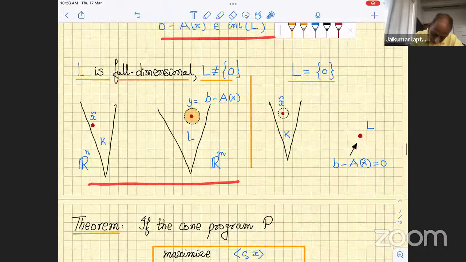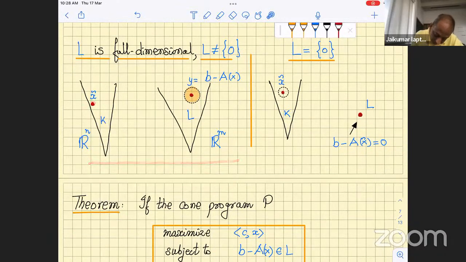Okay. Then you take this point X tilde. If you do B minus A X tilde, you get this point here, where this maps, but there should be a ball around it.